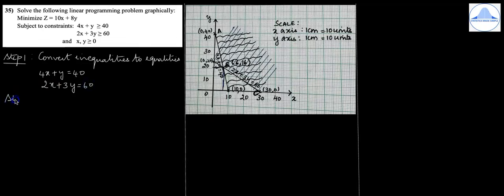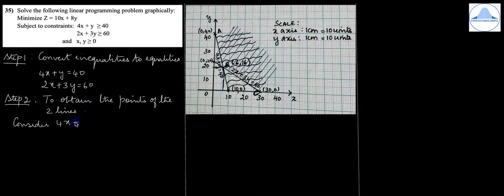Now step 2 is we have to draw these two lines. To draw a line you need a minimum of 2 points. So step 2 is to obtain the points of the two lines. You start with the first equation. Write: consider 4x plus y is equal to 40.